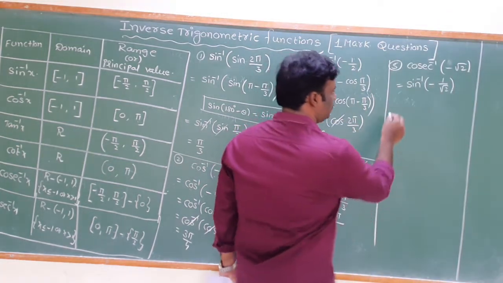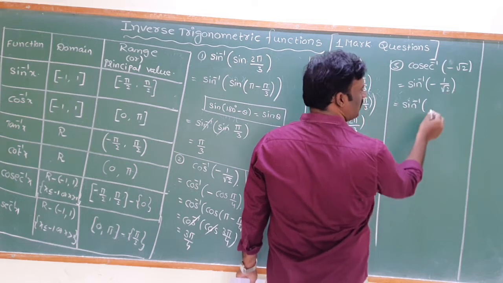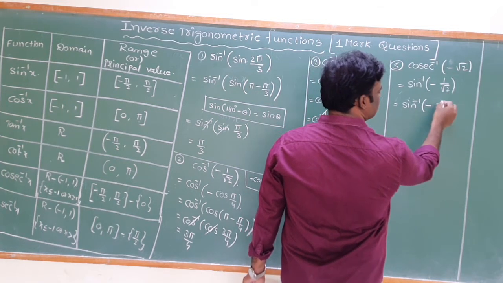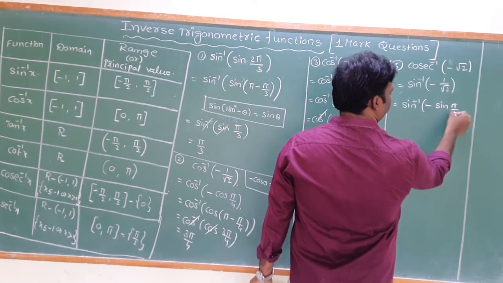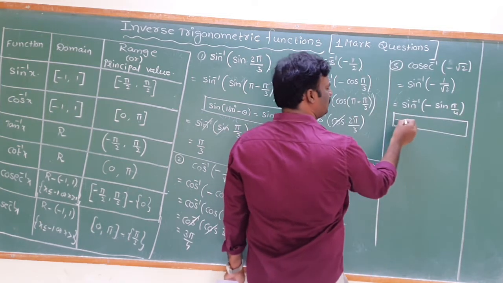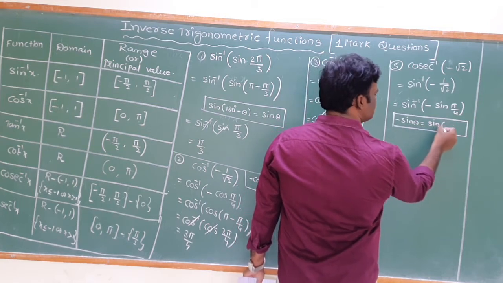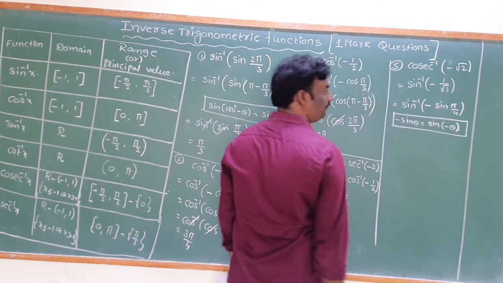That equals sine inverse of minus 1 by root 2, which can be written as minus sine 45. We have one formula: minus sine theta can be written as sine of minus theta.